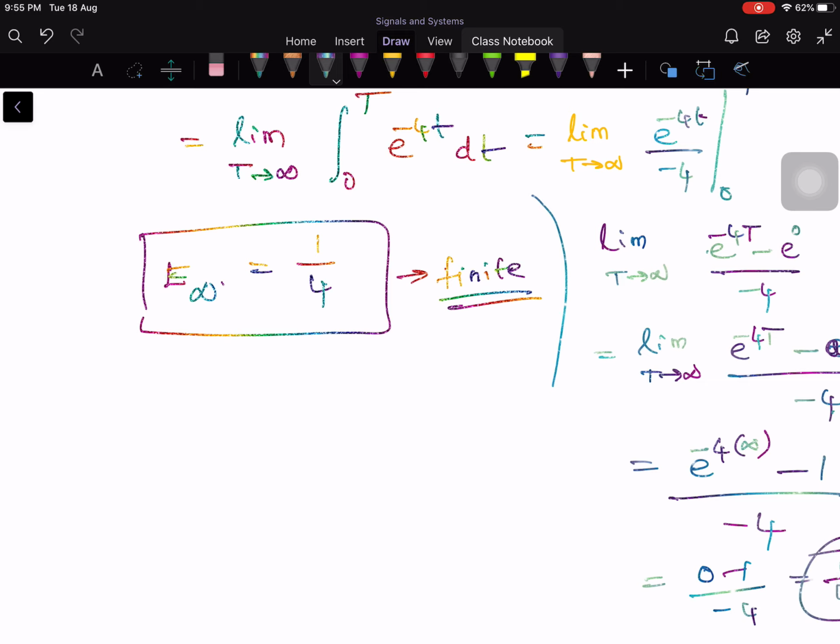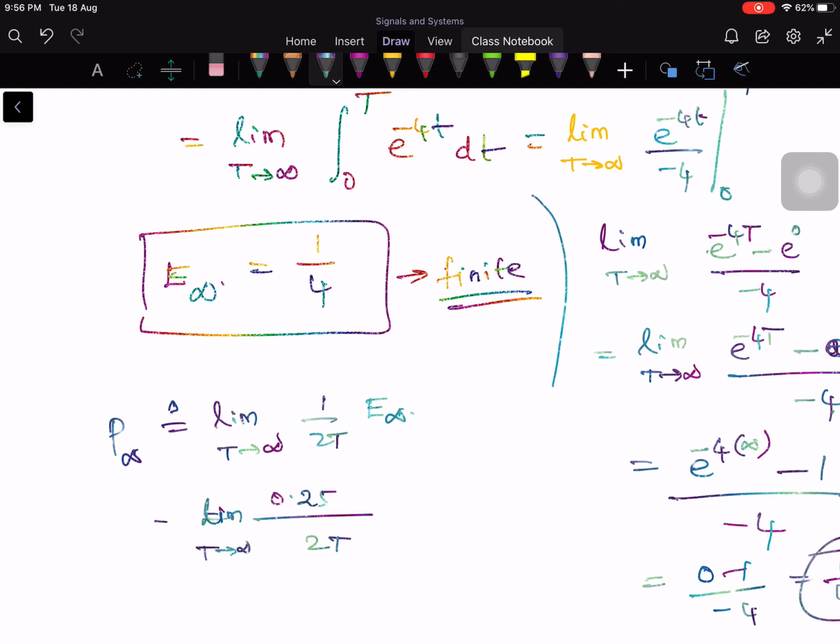Now finding power is quite simple. P infinity is equal to limit T goes to infinity 1 over 2T times E infinity. So E infinity is 1 over 4, let's say 0.25, then this is 2T, limit T goes to infinity.